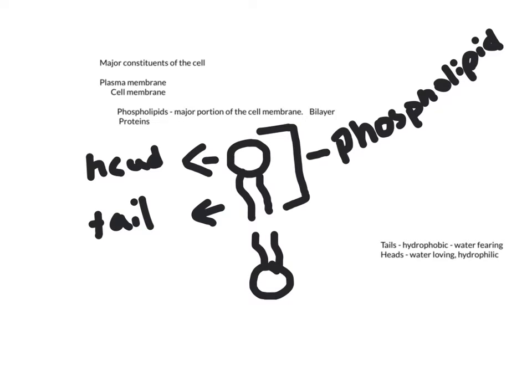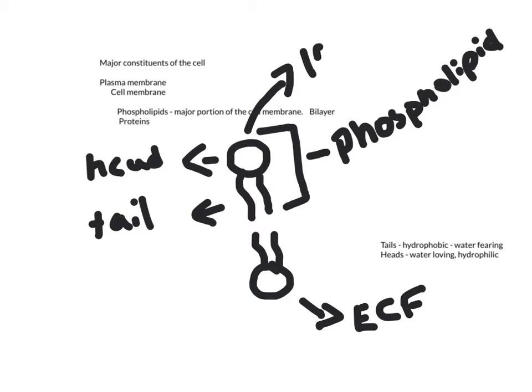The tails face each other, and that is why we create this bilayer, because the tails are hydrophobic and they face each other. The heads are on the outside, and the heads will touch either the extracellular fluid or the intracellular fluid, depending on where the cell is.